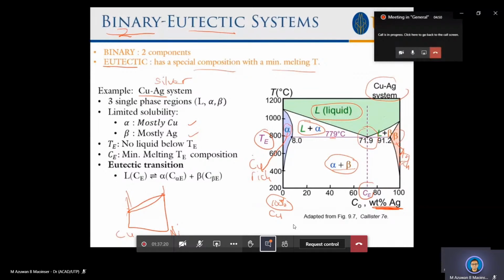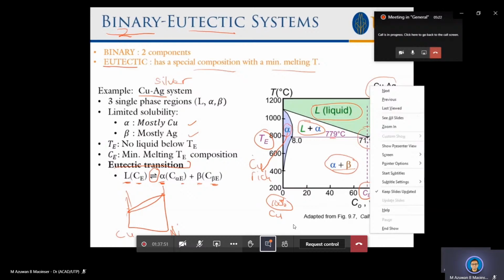The eutectic reaction, if I can write it, is this. Liquid at the eutectic composition will transform, this is a reversible transformation, into alpha at the eutectic composition, plus beta at the eutectic composition. So this is the eutectic transformation at this point.